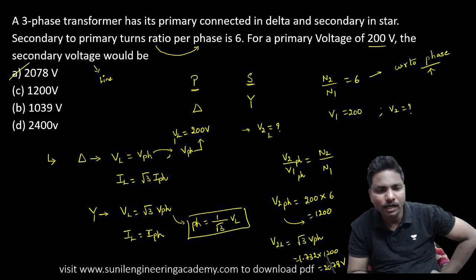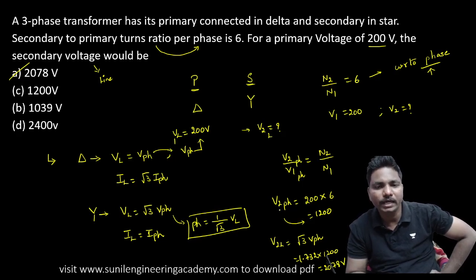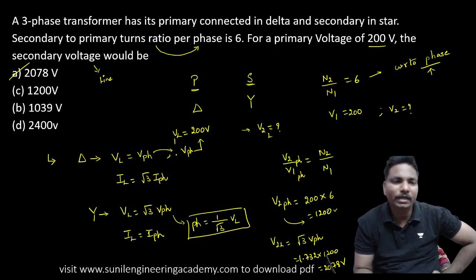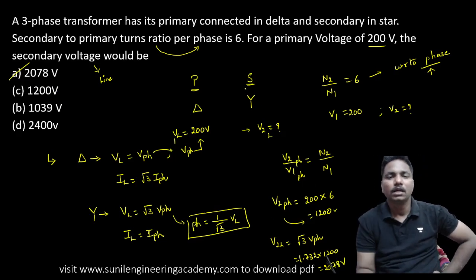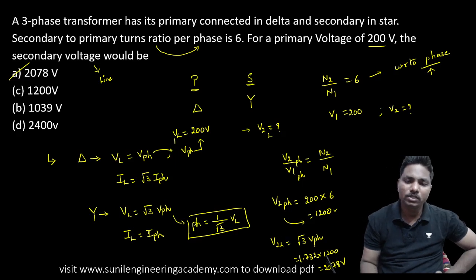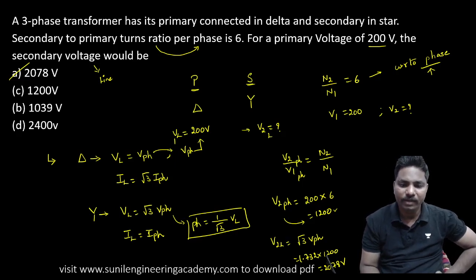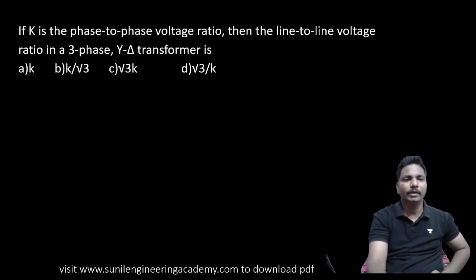In delta, line voltage and phase voltage are both the same, that is 200. In the secondary we have to find the line voltage. We have the relation V2 phase by V1 phase is equal to N2 by N1. From this we get V2 phase. Whenever we get 1200, somebody will give the answer as 1200, which is wrong. Why? Because we have to give the line value. Line value is equal to root 3 into phase value. So 2078.